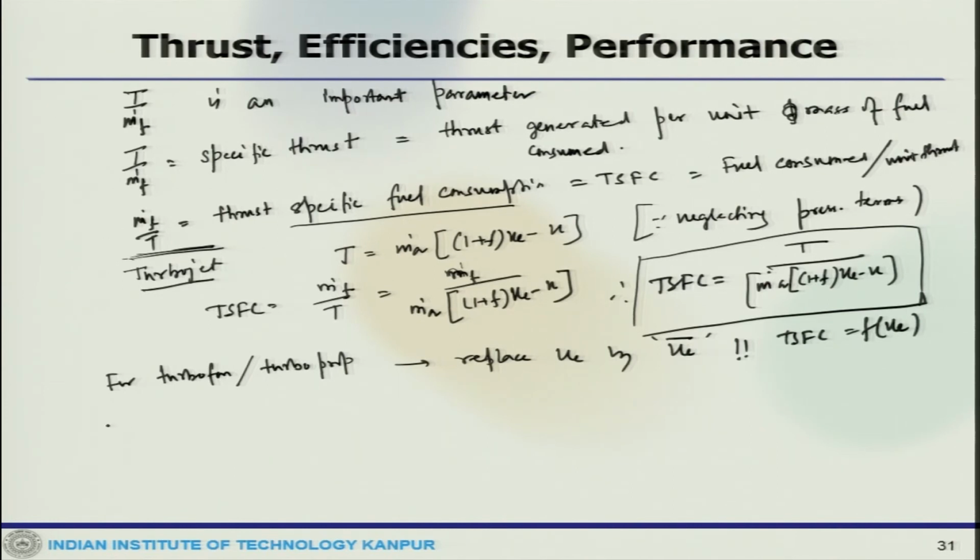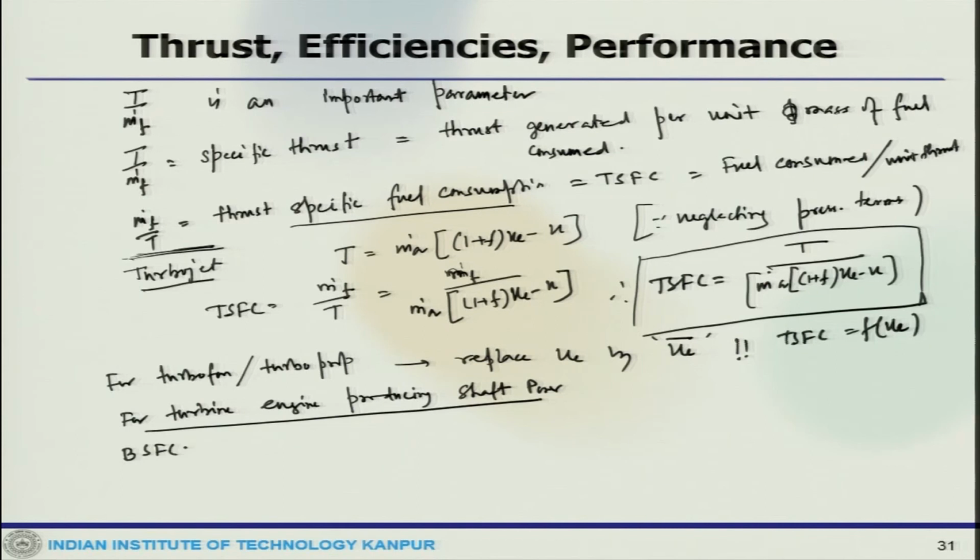Now, let us say for any turbine engine producing shaft power, we define another quantity called the BSFC, which is m dot F by P s.